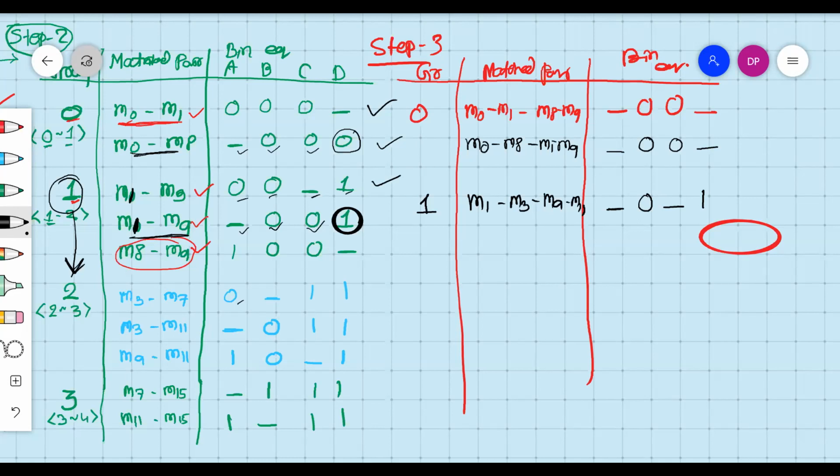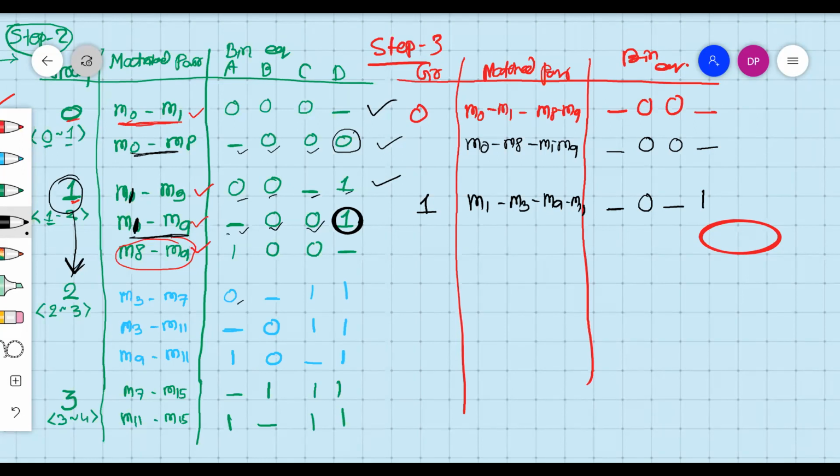M1 M9, so underscore 001, and here 001 is there. Compare with the first one, not possible. Compare with the second one.